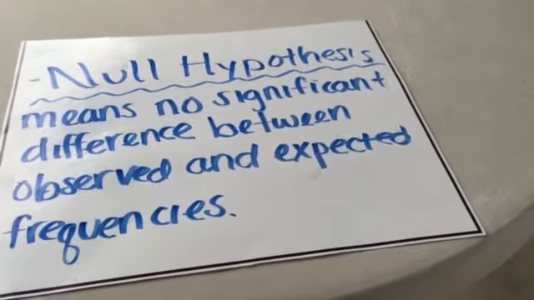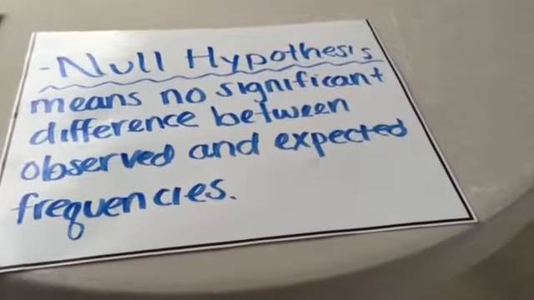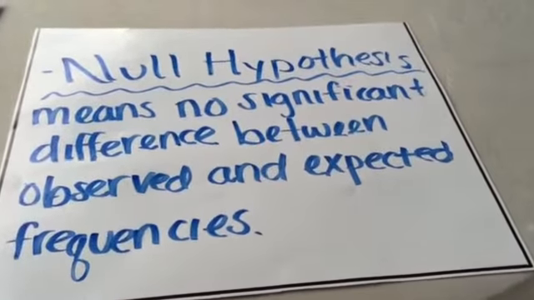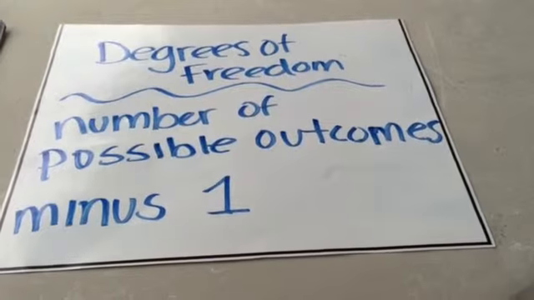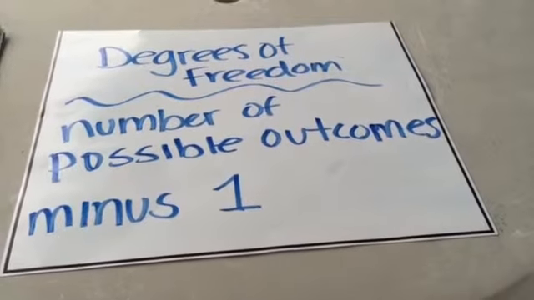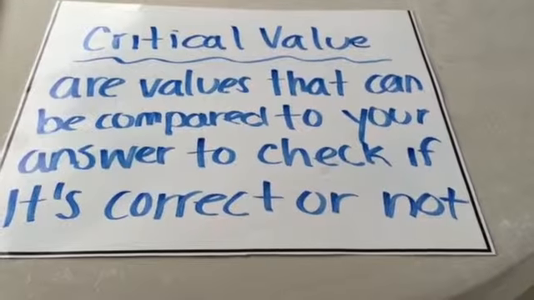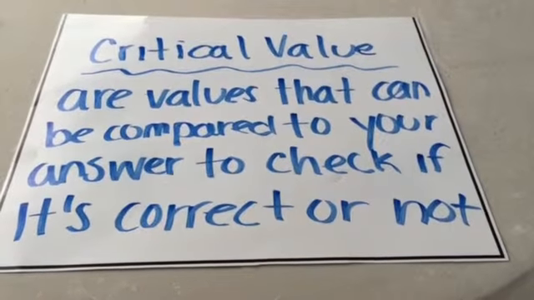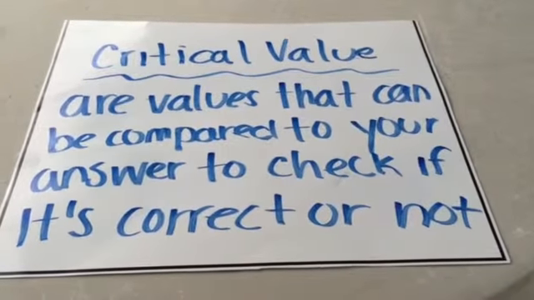Null hypothesis means no significant difference between observed and expected frequencies. Degrees of freedom is the number of possible outcomes minus 1. Critical values are values that can be compared to your answer to check if it's correct or not.